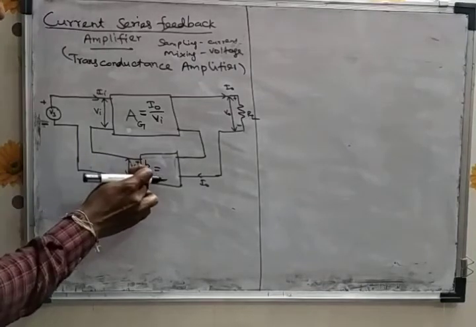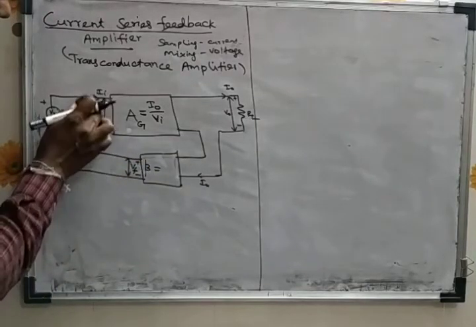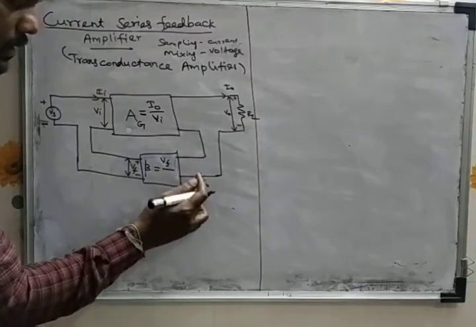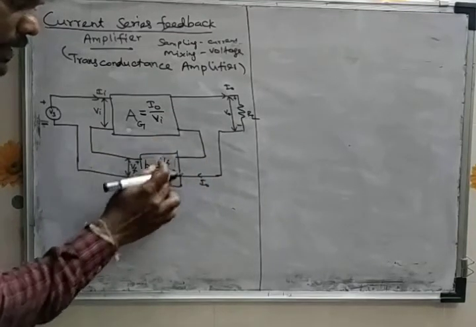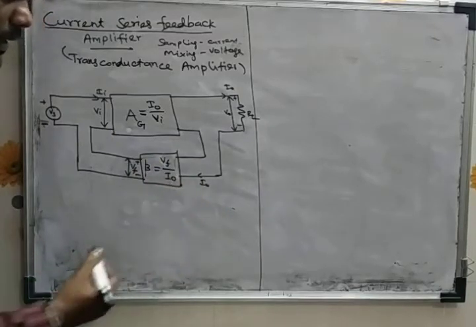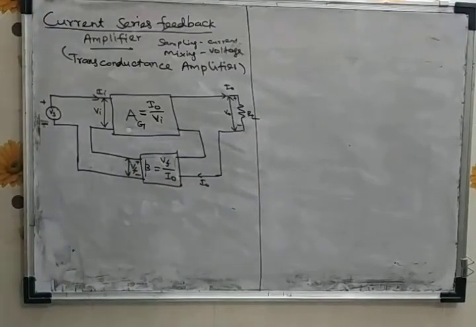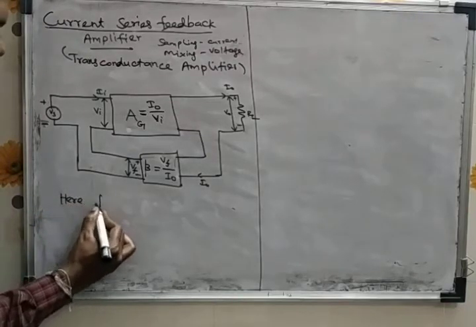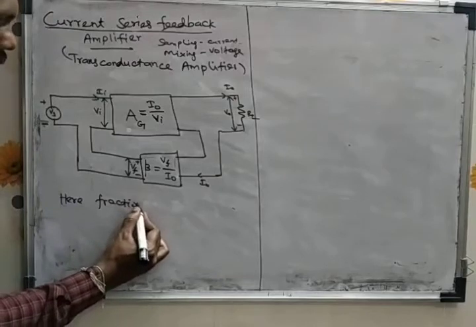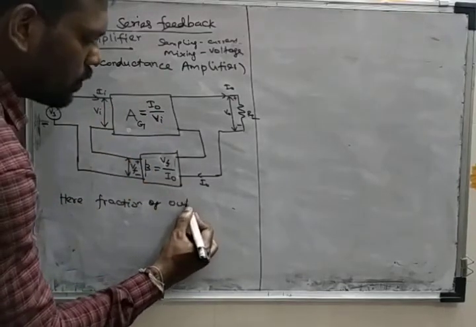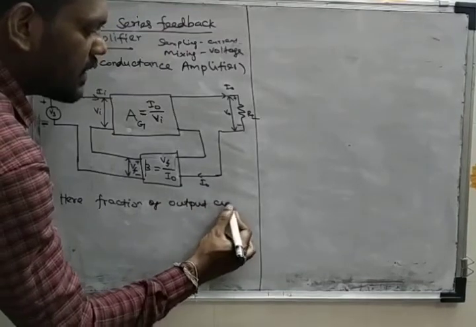So the feedback factor beta: here mixing is voltage mixing, so Vf, the input to the feedback network, is current. So beta is Vf by I0. Here a fraction of output current is sampled.